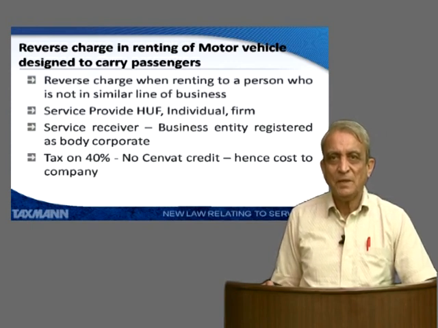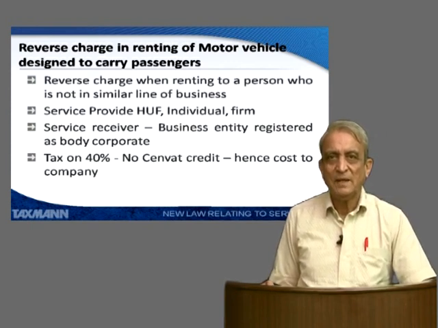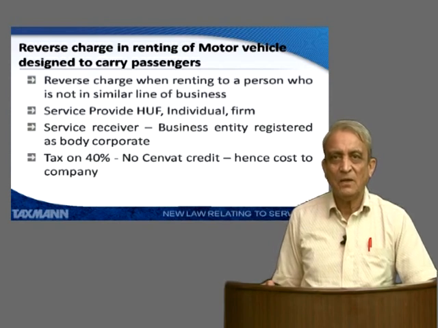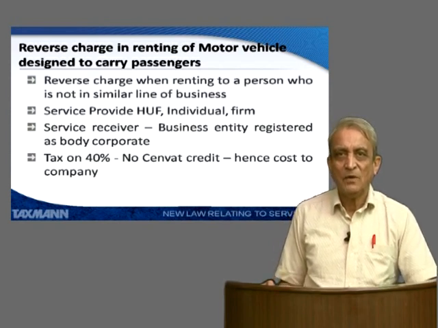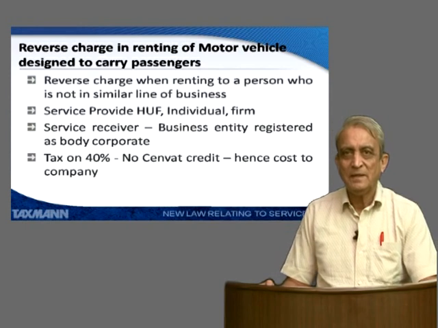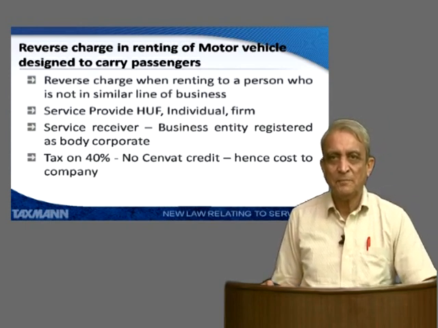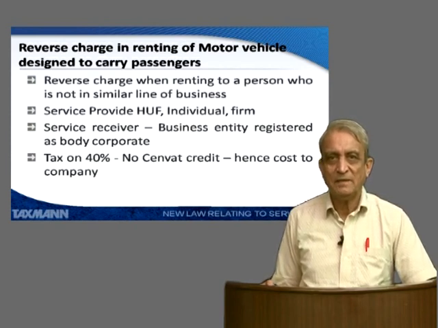Now, in many companies, it is found that cars are taken on rent from the wife, and then they are given to the husband as a perquisite. Now, this is done as a tax planning exercise.